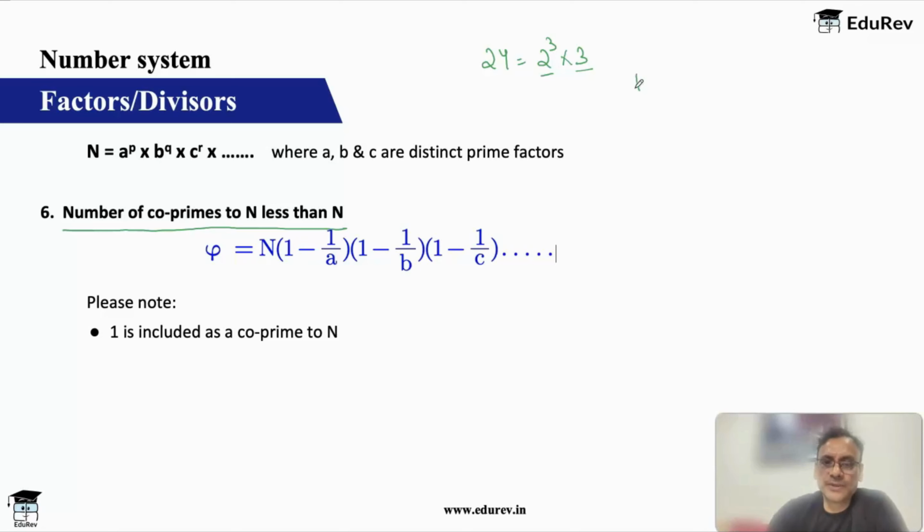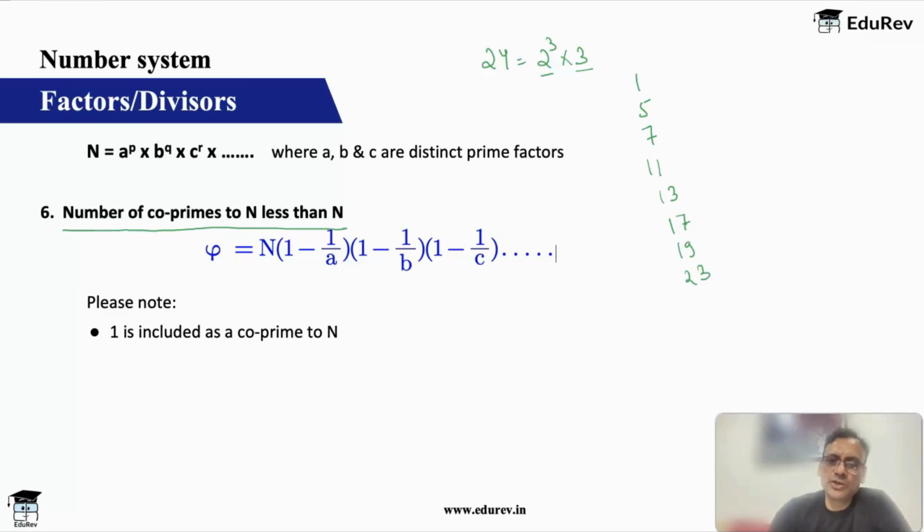1, obviously 1 would be there, 2 will not be there, 3 will not be there, 4 will not be there because that's also a multiple of 2, 5 will be there, 6 will not be there, 7 will be there, 8 will not be there, 9 will not be there, 10 no, 11 yes, 12 no, 13 yes, 14 no, 15 no, 16 no, 17 yes, 18 no, 19 yes, 20 no, 21 no, 22 no, 23 yes.